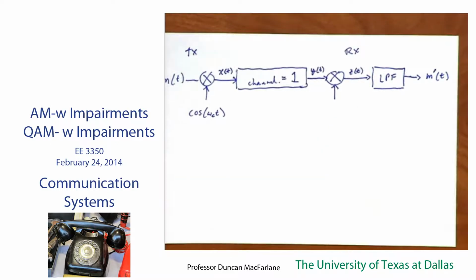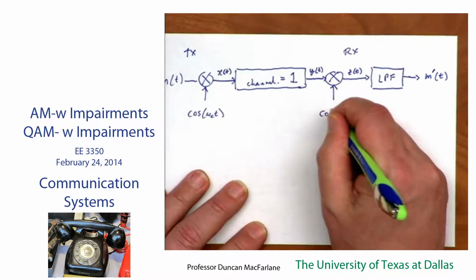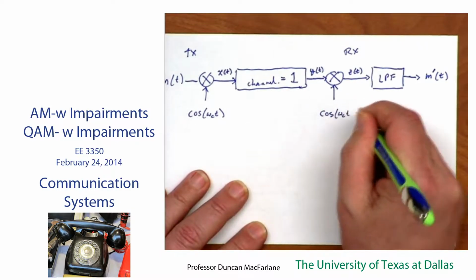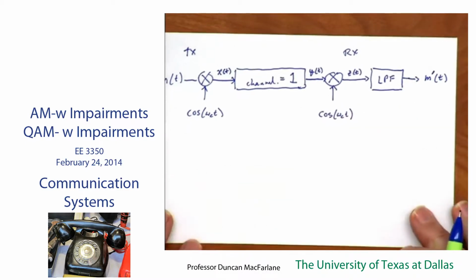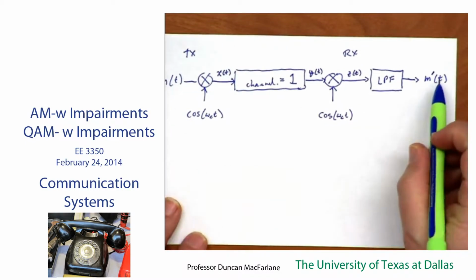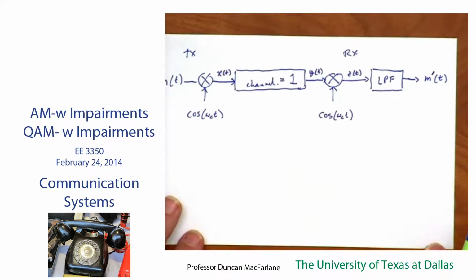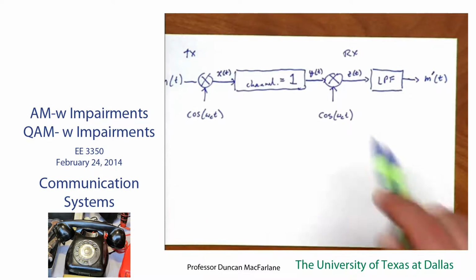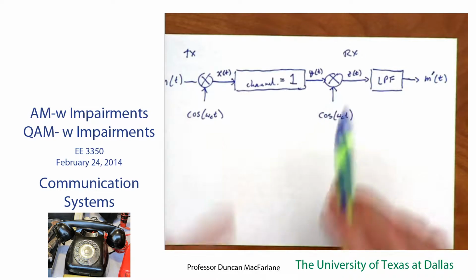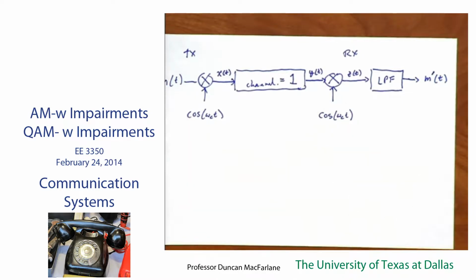If I just leave this alone, in the perfect case, does anyone remember the relationship between M prime of t and M of t? 1/2. Right? That's very good memory. We've done that problem before. We know that when we get through the low-pass filter, when we do the 2 modulators, we have to reject half of our energy, but at twice omega.